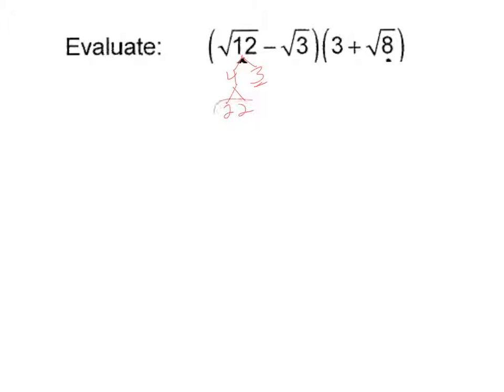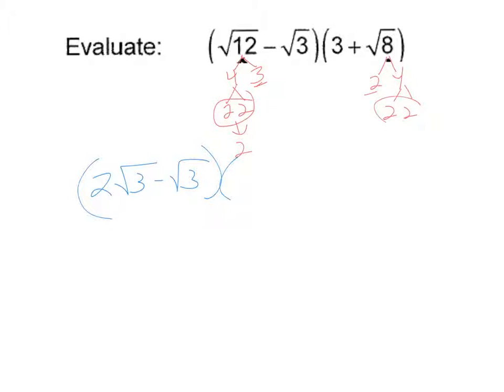And so when you have two of the same number, it can come out. That gives me 2 with a 3 left on the inside, minus square root of 3. And then with the 8, it's 2 times 4. 4 is 2 times 2, so a 2 can come out, and a 2 is left on the inside. 3 plus 2 square root of 2.